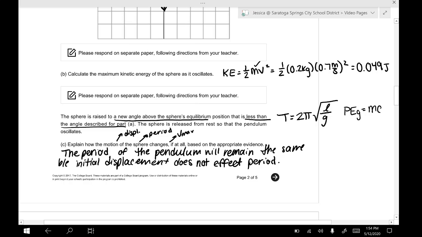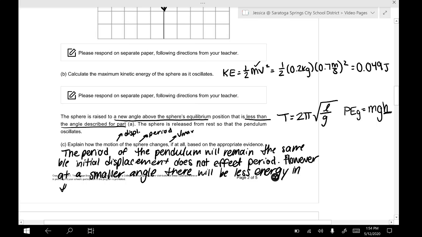initial displacement is going to affect the height of the pendulum. Okay. However, at a smaller angle, there will be less energy in the system.